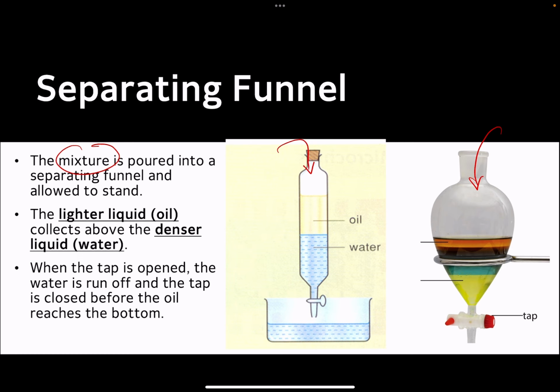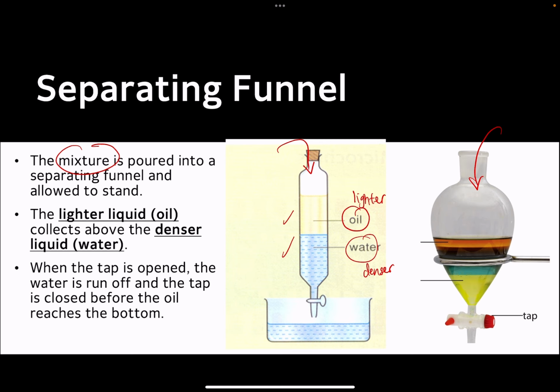The moment you let it stand, they will separate into as many layers as there are liquids. So let's say we are looking at oil and water. They will separate into 2 layers. Oil, being lighter, will be floating on top, while water is denser or heavier, so it will sink.